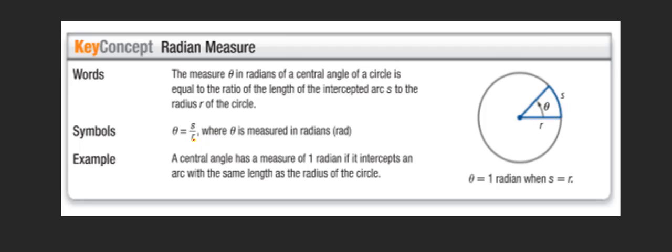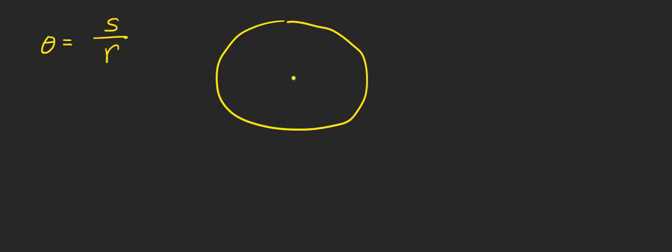It turns out that theta is a ratio of the length of the intercepted arc S to the radius R. So theta equals S over R, where theta is measured in radians. When you have a circle and you go one revolution, that is the same thing as 360 degrees.